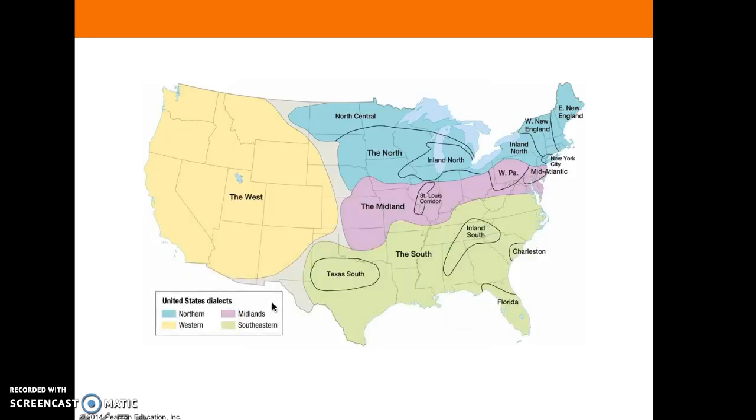If you look at the United States as a whole, we've got some general dialects, right? The Midlands, the Northern, the South, and the Western. So these areas here have dialects coming from the original colonies.